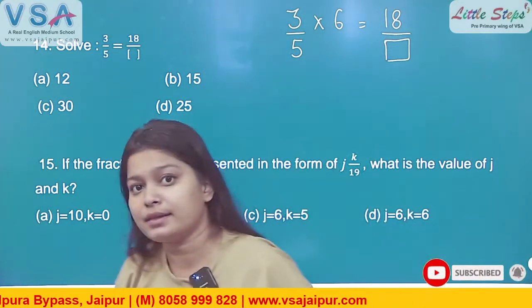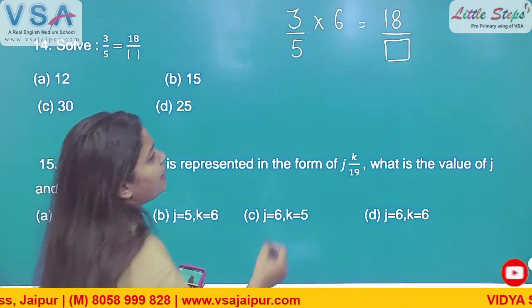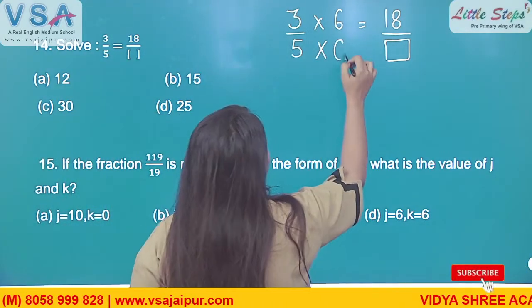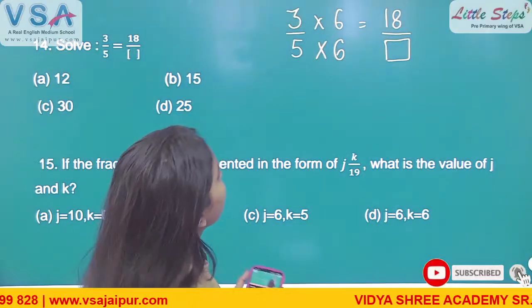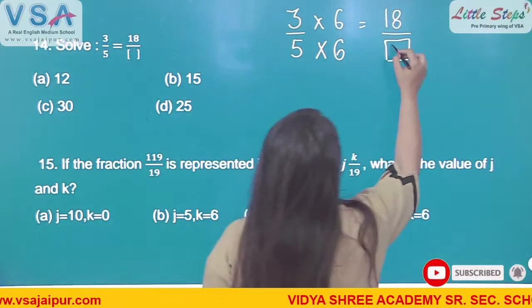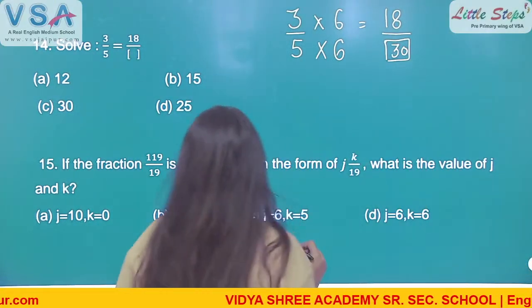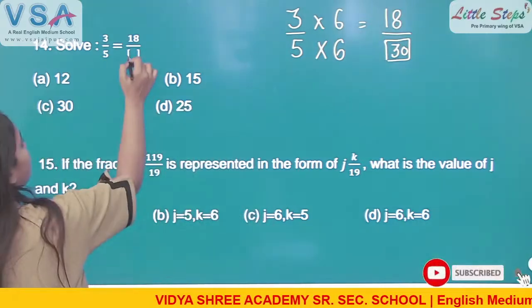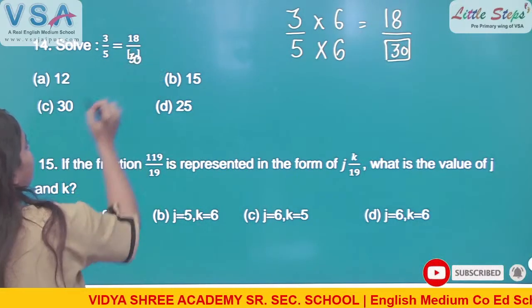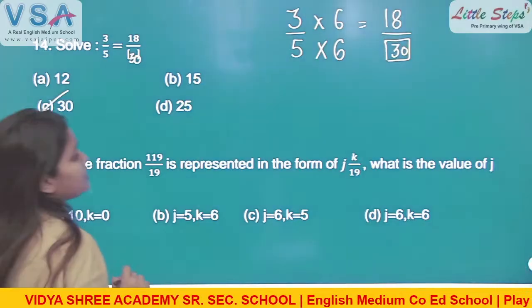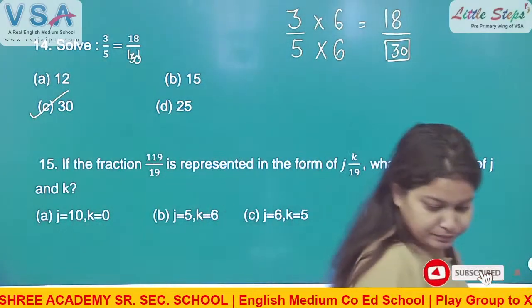So the number is 6. So we have to make the equivalent fraction both ways, numerator as well as denominator. So we have to multiply 5 by 6, then we have 5 sixes are 30. 18 by 30, and the blank box shows 30 as the answer. Option C is the correct answer.